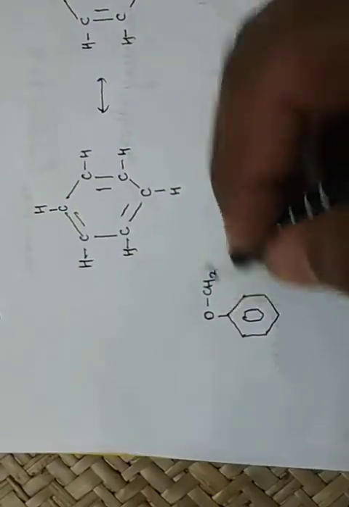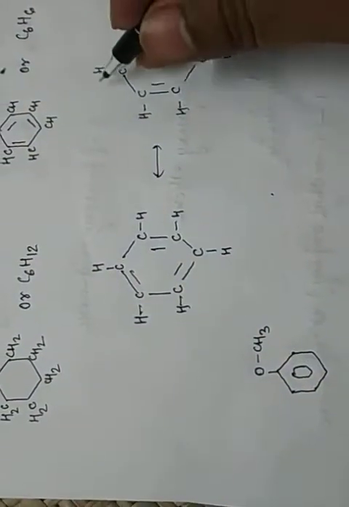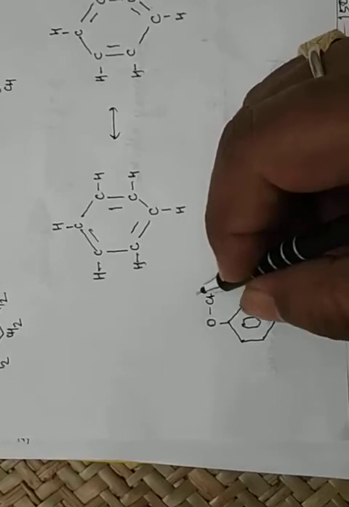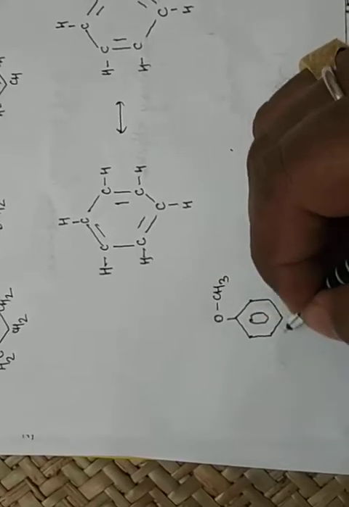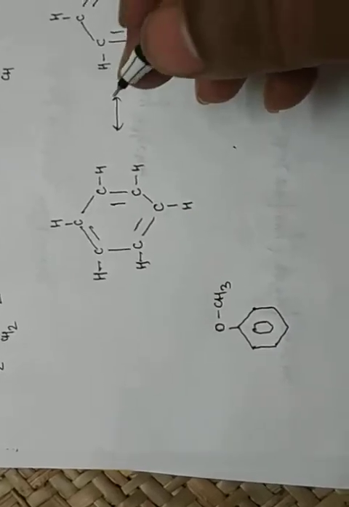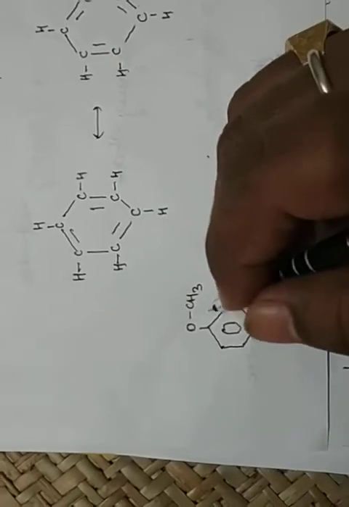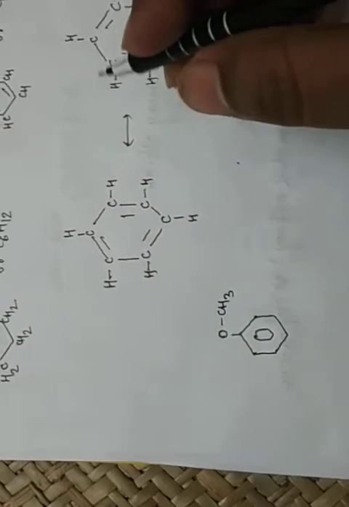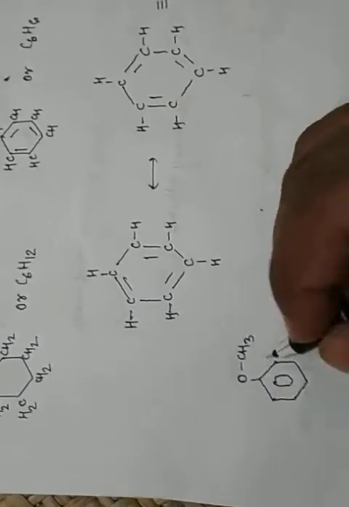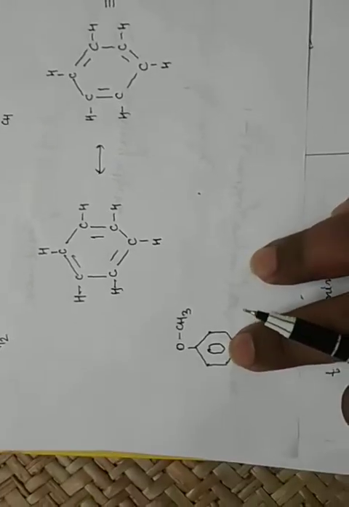Now 1 hydrogen, look, this hydrogen is replaced by an OCH3 group. So now there's a methyl group and this part is the phenyl group. You know very well the phenyl structure, C6H5. Yeah, this is the structure. When one hydrogen of the benzene ring is replaced, the name of this group is phenyl.